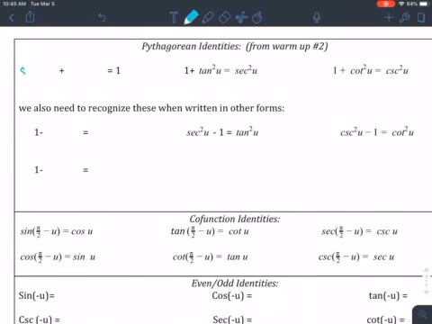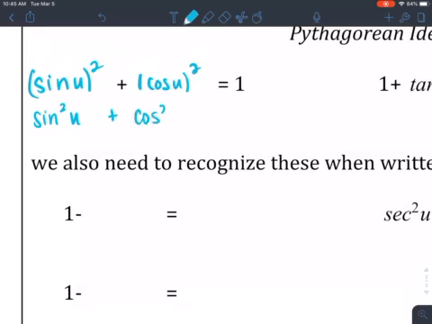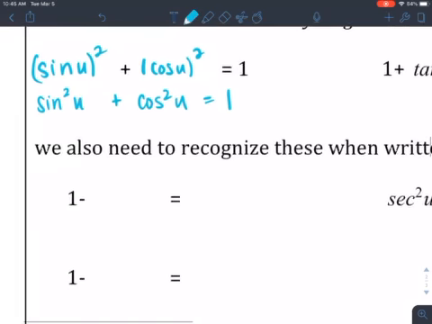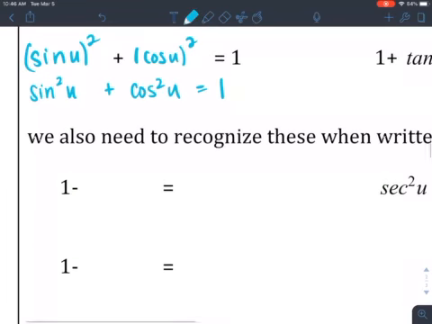So we had the sine of u squared plus the cosine of u squared equals 1. You will also see these written like this: sine squared u plus cosine squared u equals 1. They mean the same thing. Sometimes it's nice to rewrite these in a different way.